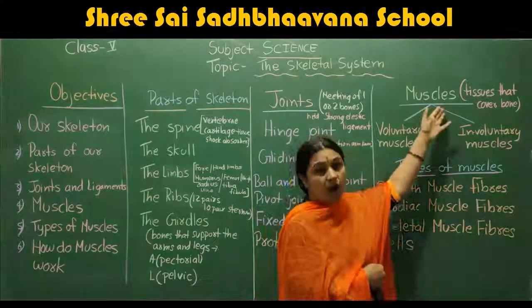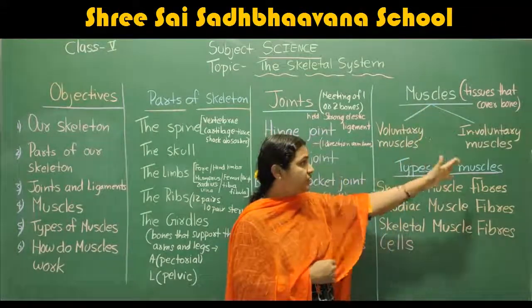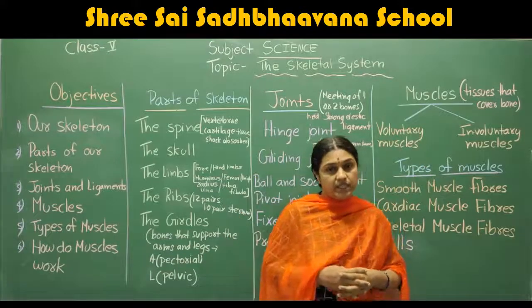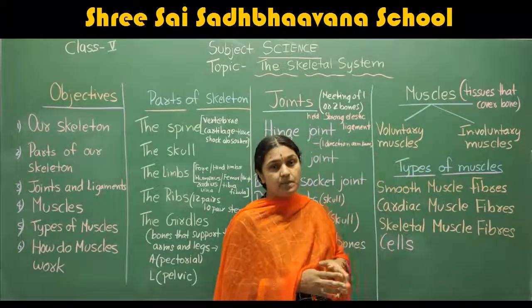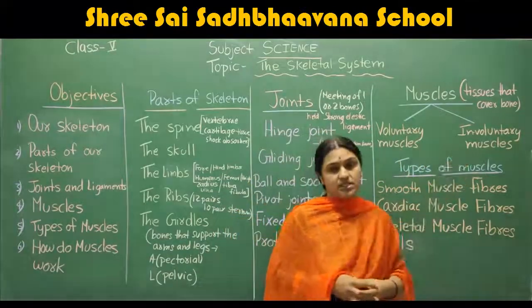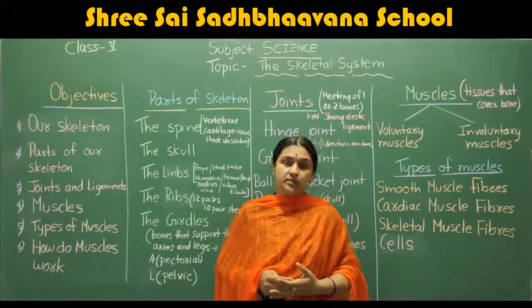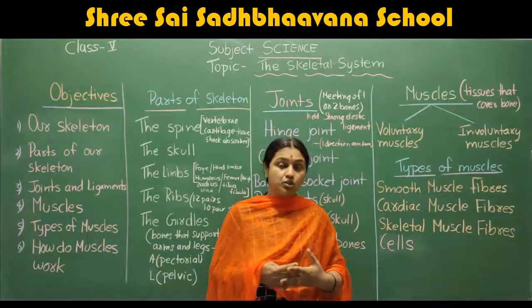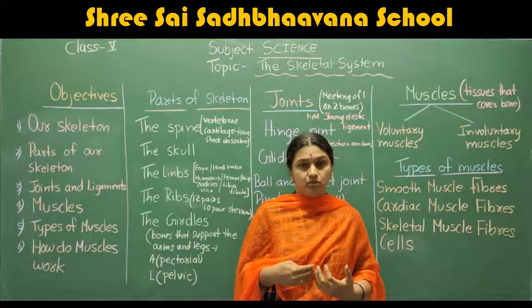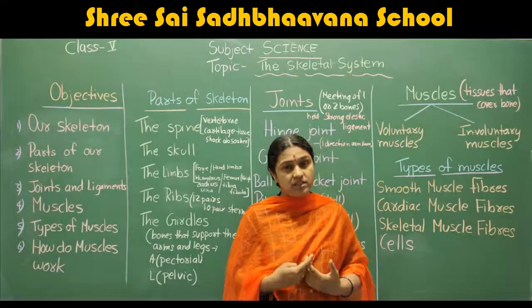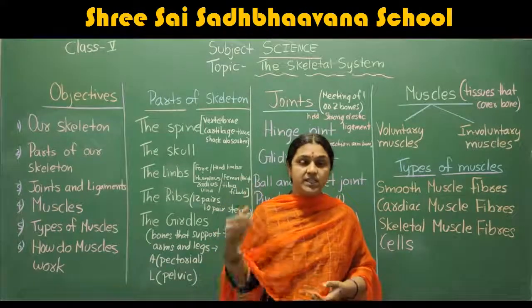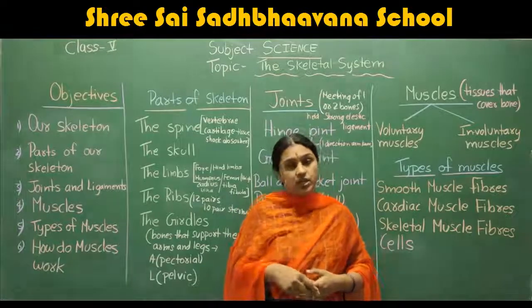Right, children? Now, under muscles, we have two different kinds of muscles. They are the voluntary muscles and involuntary muscles. What do you mean by voluntary muscles? Voluntary muscles are those which are in our control. Like the hands, the legs, your shoulder.